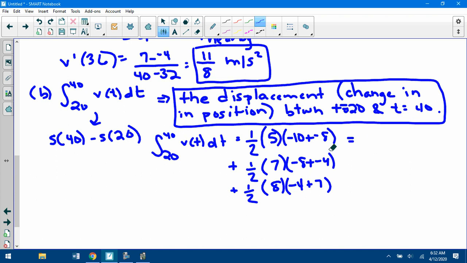Okay, that's going to equal, this is -18 divided by 2 is -9 times 5, that's -45, plus, this is -12, half of that would be -6, times 7 is -43, plus, well, 1/2 of 8 is 4, and 4 times 3 is 12, so I have -45 plus -43 plus 12. -45 plus -43 plus 12 is -76.